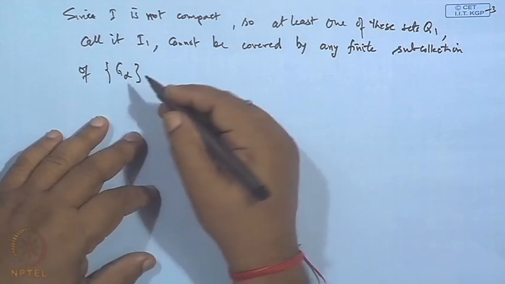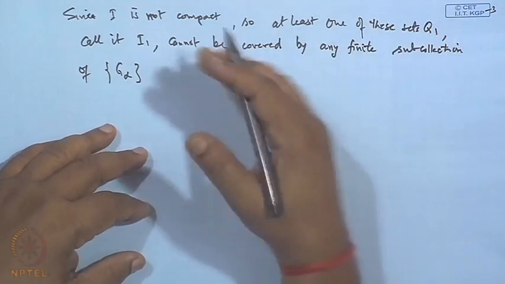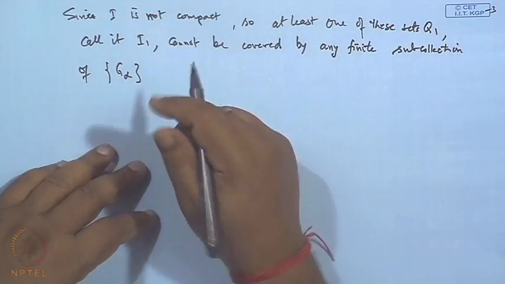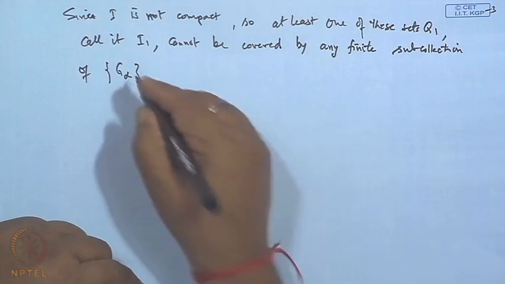Otherwise, I would be compact, which contradicts the assumption. So, that will be the next step.